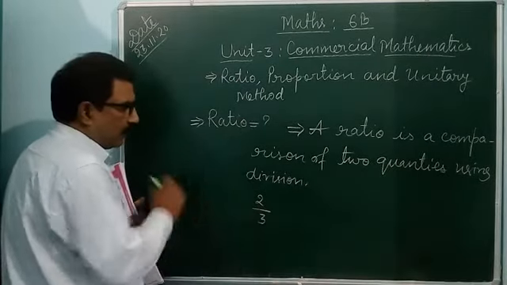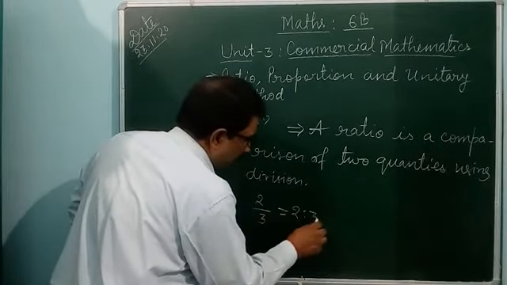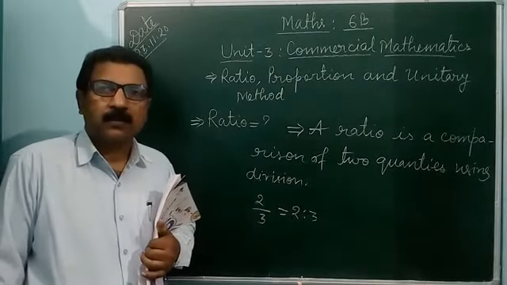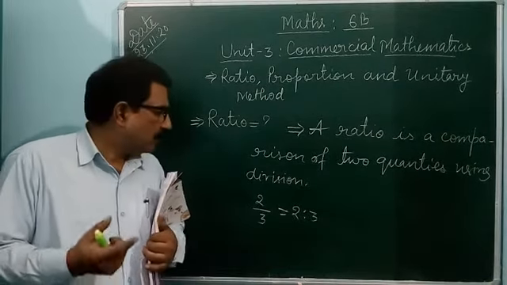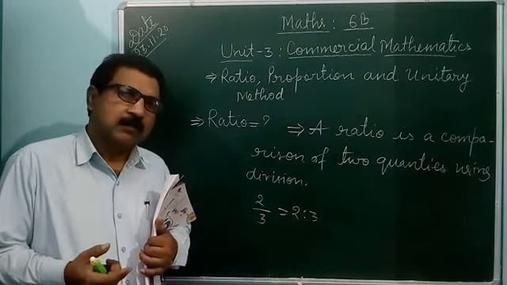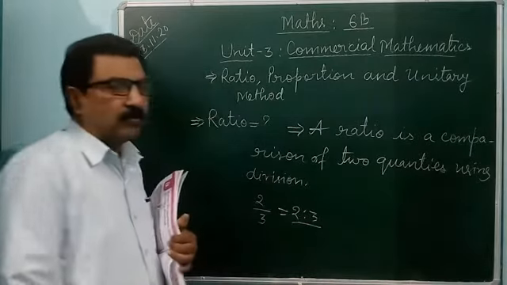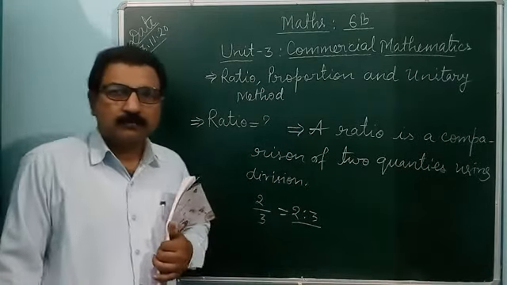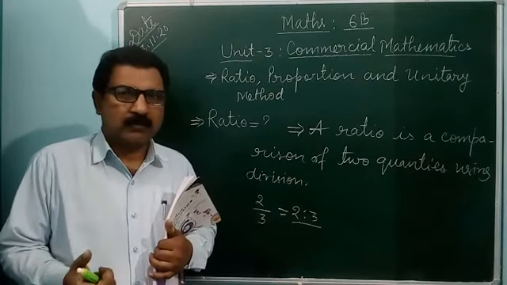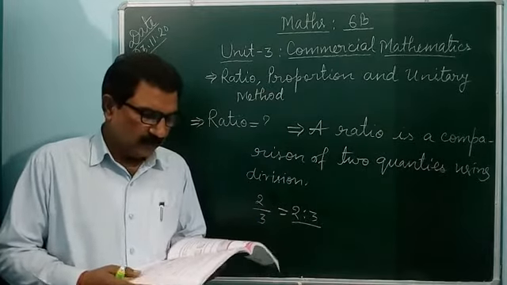Fraction is 2 by 3, so you can write 2 ratio 3. In this way you can compare the numerator and denominator in the ratio form. So this is called ratio, 2 ratio 3.